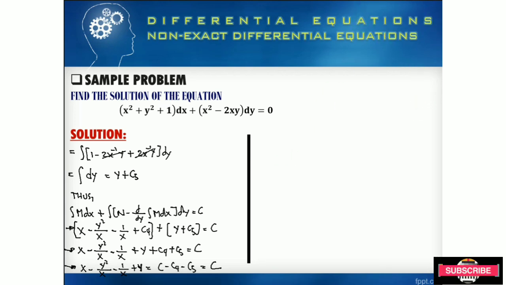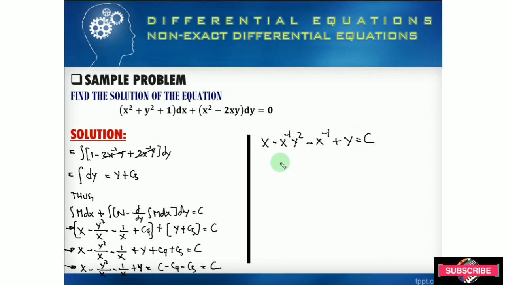So we have now this final equation. From this one we have x, and we raise up the x here, so minus x to the negative 1 times y squared, and then minus, we raise the x here, x to the negative 1, and then we have plus y, which is just equal to our final constant c.